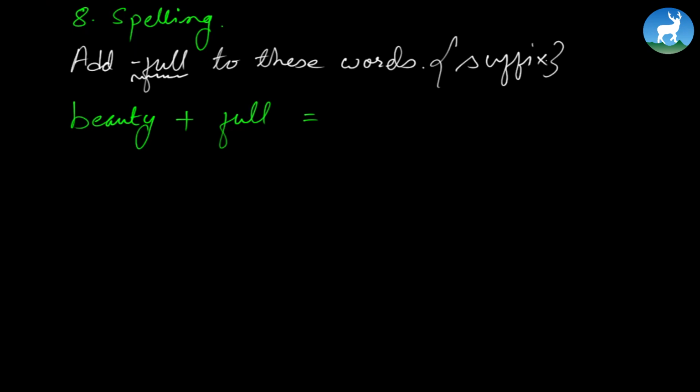So full is called a suffix, letters added at the end of a word. When we add beauty plus full, it becomes beautiful. Look at the spelling of beautiful now.